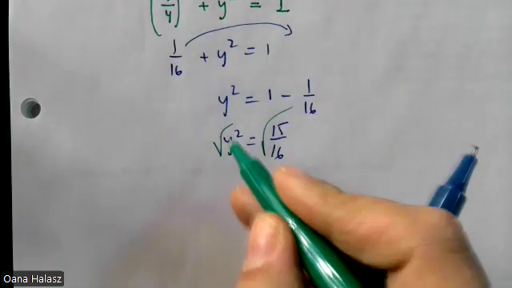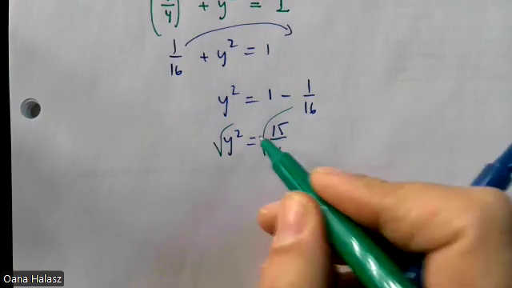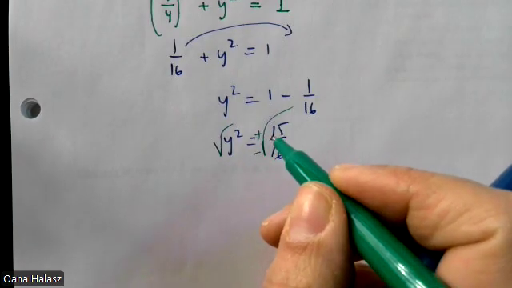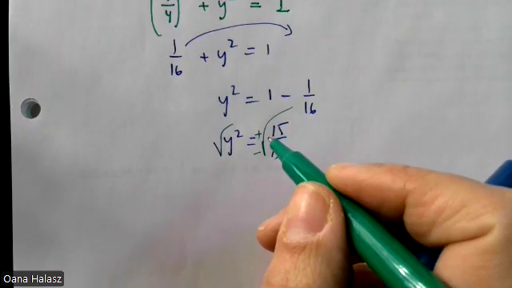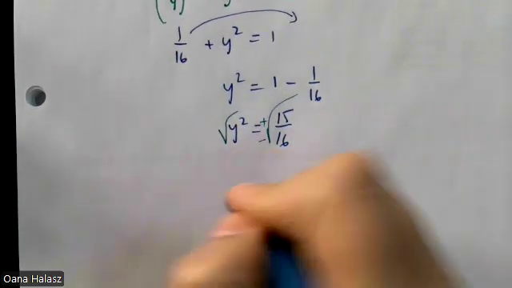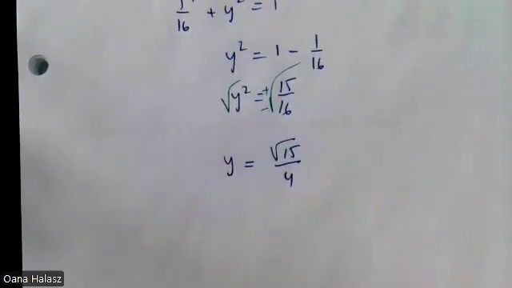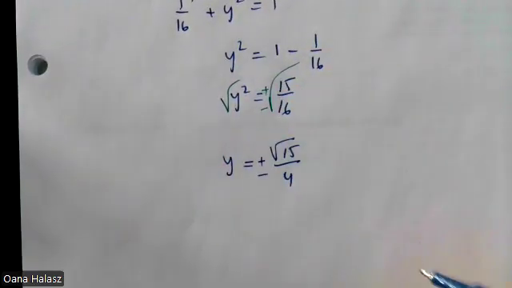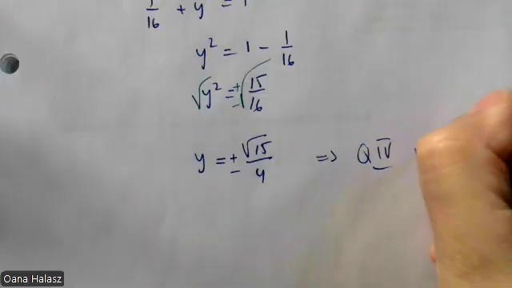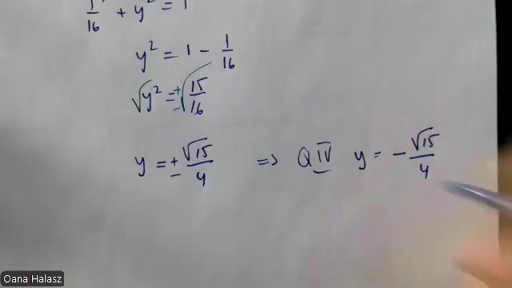Now, when you square root in this equation, regardless of us looking for a value, it's always going to be positive and negative because you are solving an equation here. But we already know the value we are choosing is going to be the negative of this, okay? So y is square root of 15 over 4. And it's both positive or negative, but our y in quadrant 4 is going to be negative root 15 over 4.